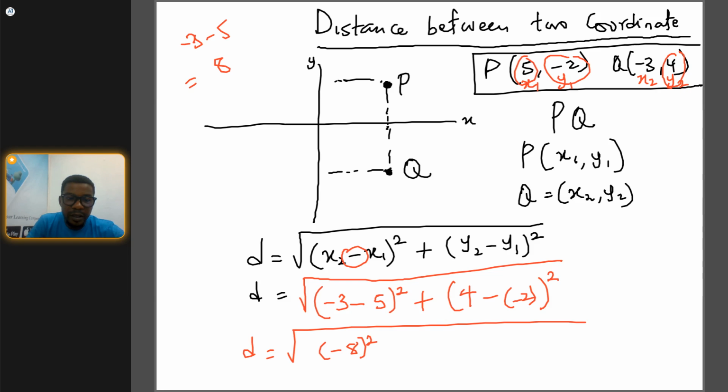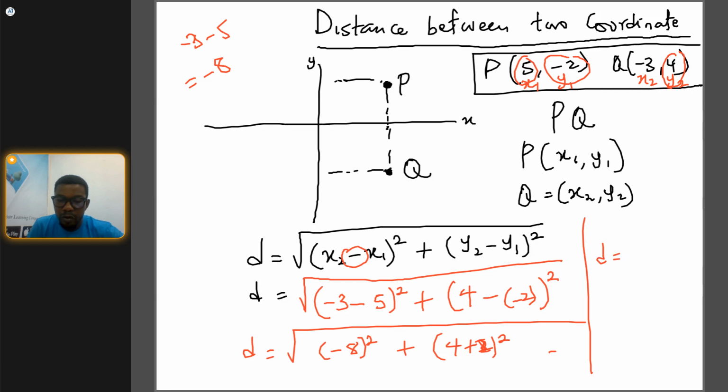And the sign they possess is minus. So minus 8 should be your response. Plus, for this, minus times minus we change to plus. We have 4 plus 2, all square.